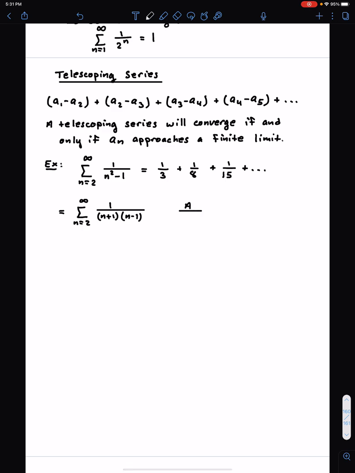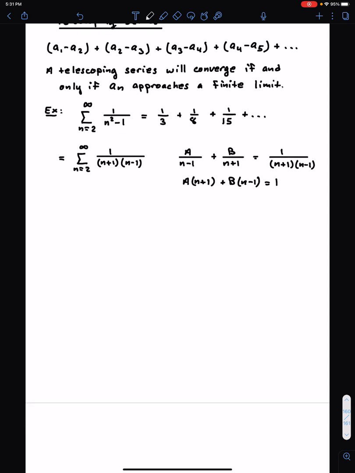So a over n minus 1 plus b divided by n plus 1 is equal to 1 over n plus 1 times n minus 1. So if I multiply both sides by the LCD, a times n plus 1 plus b times n minus 1 is equal to 1.